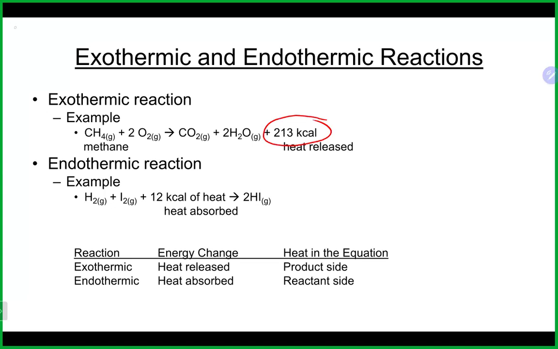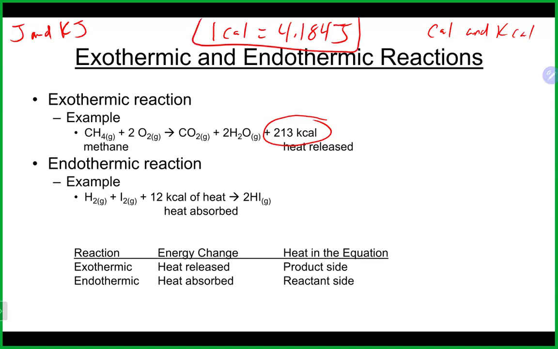A reminder that a joule and a kilojoule are very common units of energy, and a calorie and a kilocalorie are also units of energy. While we're at it, 1 calorie is 4.184 joules. That's a conversion we talked about that you do need to know, between joules and calories.